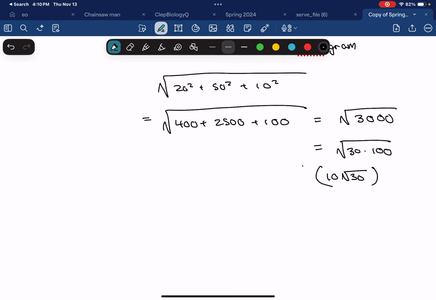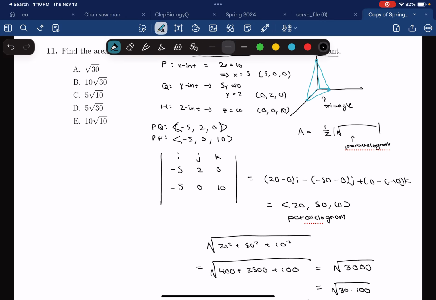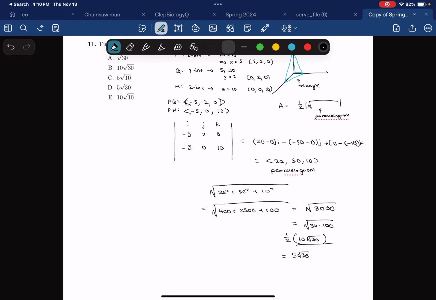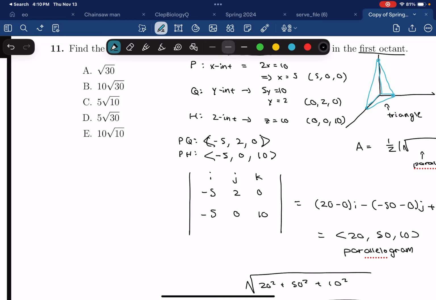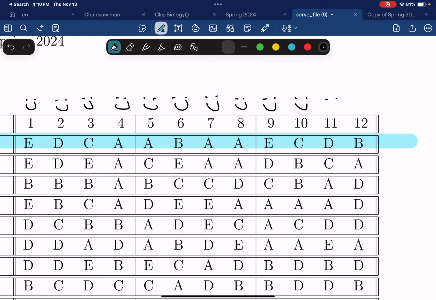Remember, this is all under 1/2, which gets us 5 square root of 30. Now, if they're just asking for this thing and it was just a parallelogram, you just stop right here. But since it's a triangle, the answer is 5 square root of 30. In this case, the answer is D, which is our correct answer.